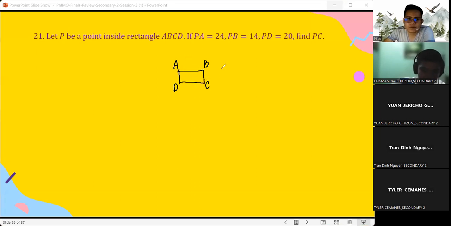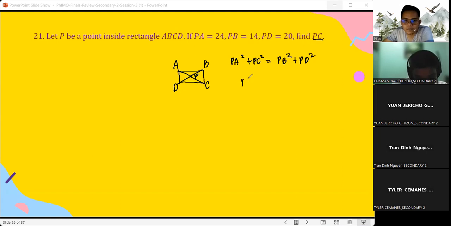Okay, correct. So this is PA, PB, and PD, right? So PA squared goes with PC. PA squared plus PC squared equals PB squared plus PD squared.